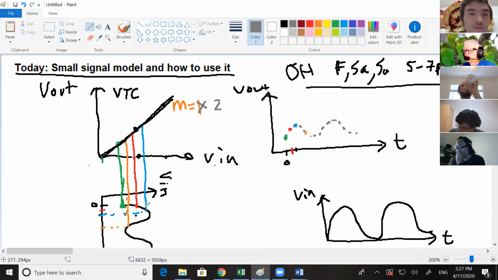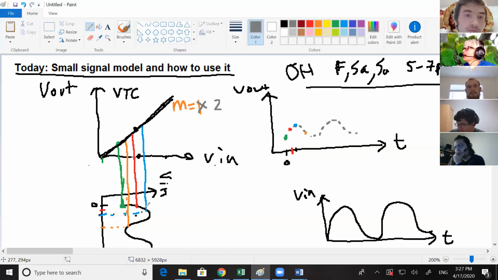On the first questionnaire, there were a few people interested in audio stuff. Is this a good thing for audio, to have a nice linear relationship? Yes, in general. But do any of you work with vacuum tubes?